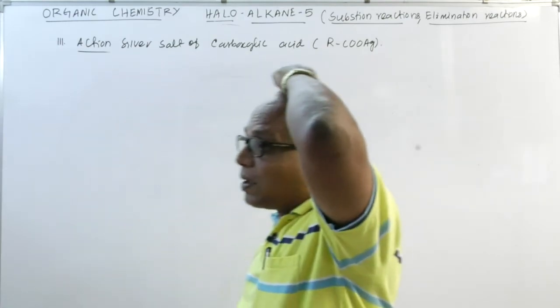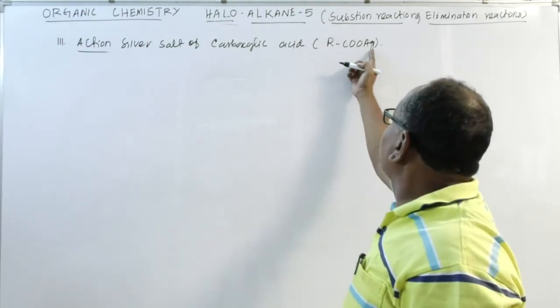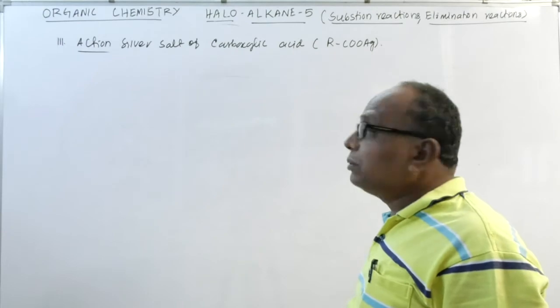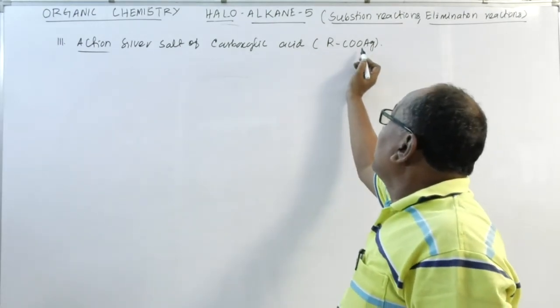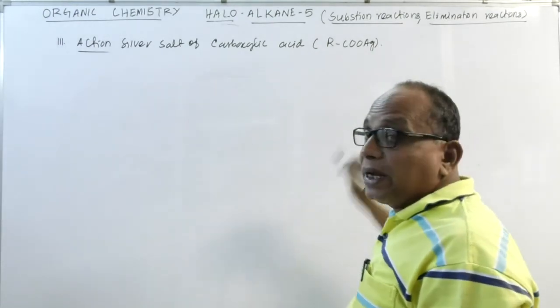In the silver salt of carboxylic acid, this is negative, this is positive, because the acetate ion, the carboxylate ion, is negative, and silver is positive.